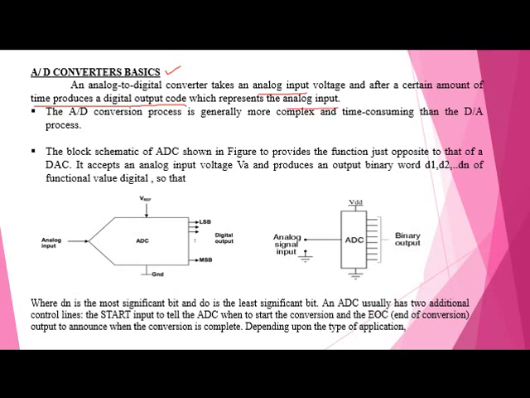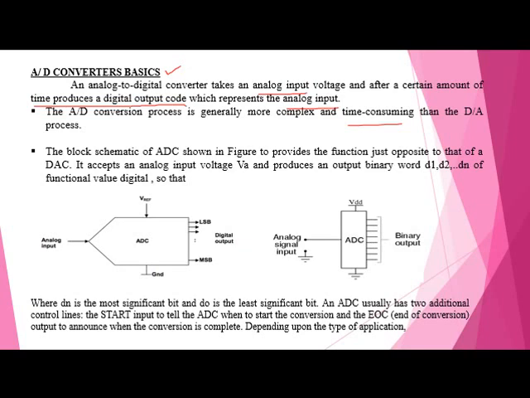Analog to digital conversion is more complex and time consuming than digital to analog conversion. This is the basic block diagram of analog to digital conversion shown in the figure. It functions opposite to the digital to analog converter, and accepts the analog input.